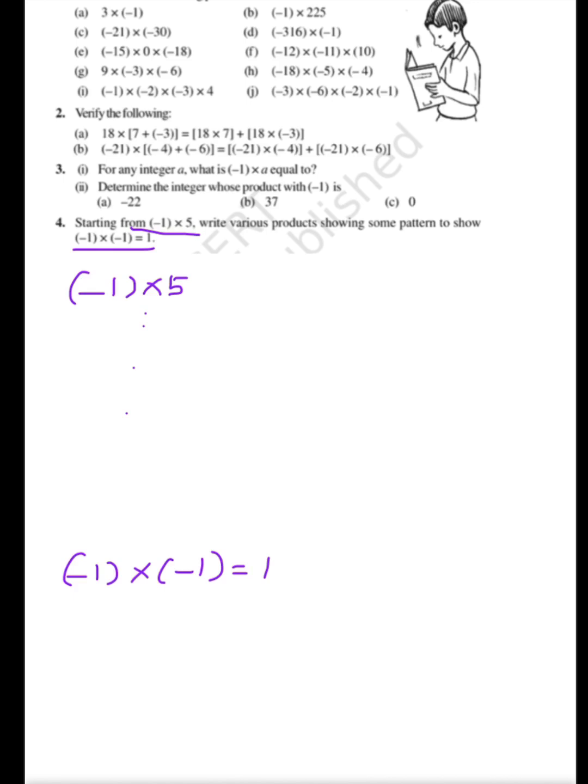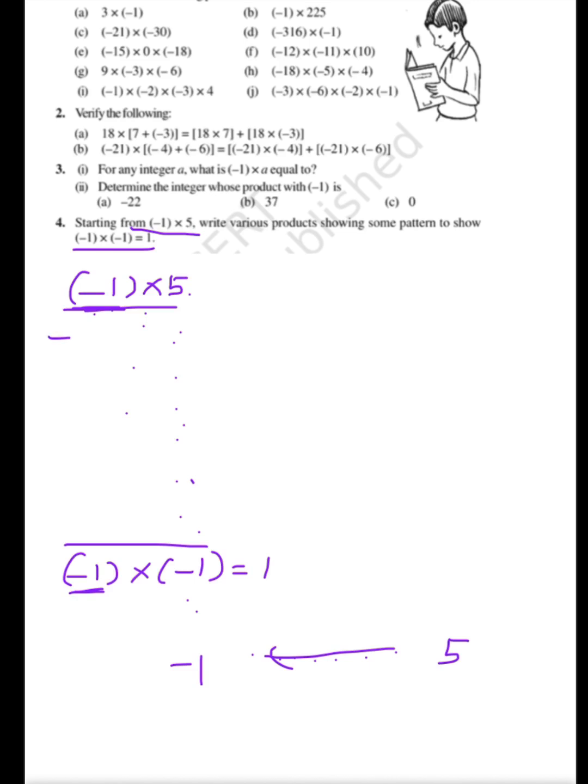Okay, so it's already told that we have to start from minus 1 into 5 and we will be ending at minus 1. That means 5 is decreasing. Only then it will reach minus 1. From 5 it has to reach minus 1. That means it's decreasing. So here it's the same, minus 1 here, here also minus 1.